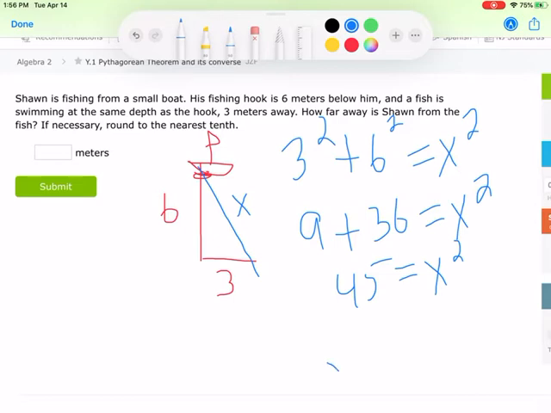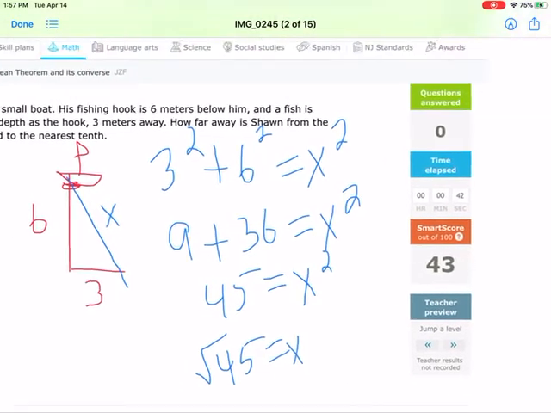And square root 45 to get x. It says, if necessary, round to the nearest tenth. So on my calculator, square root 45 is 6.708. So I would put 6.7 meters. Done. Beautiful.